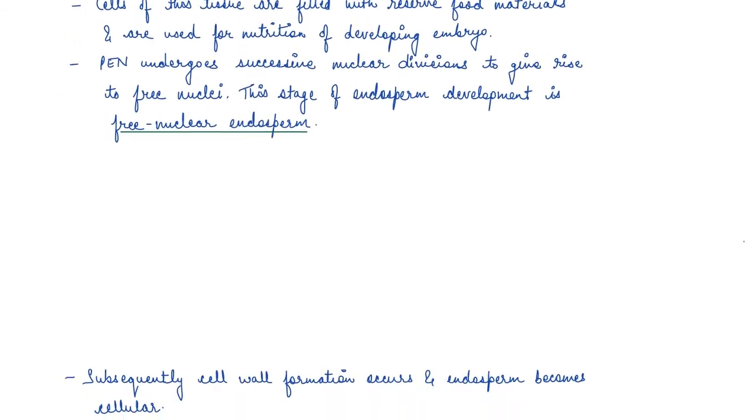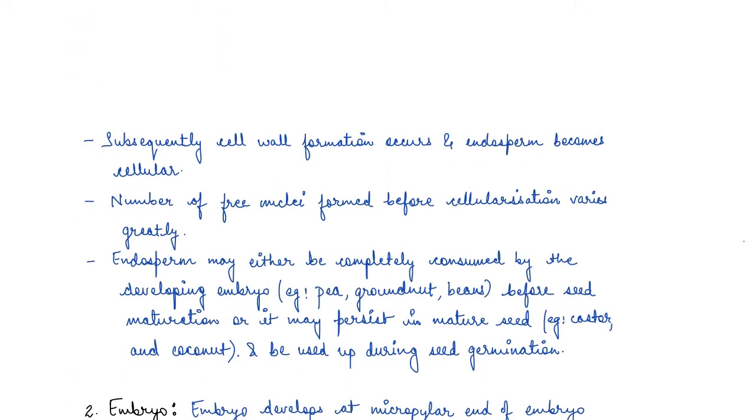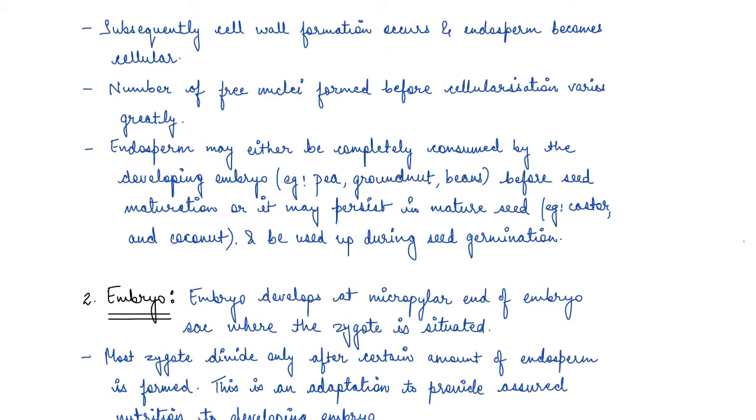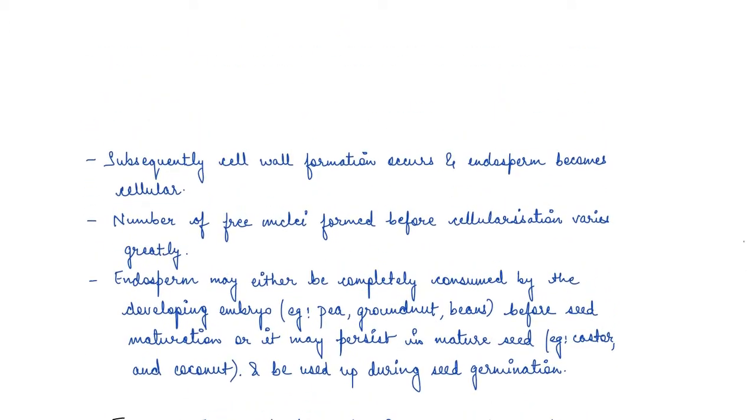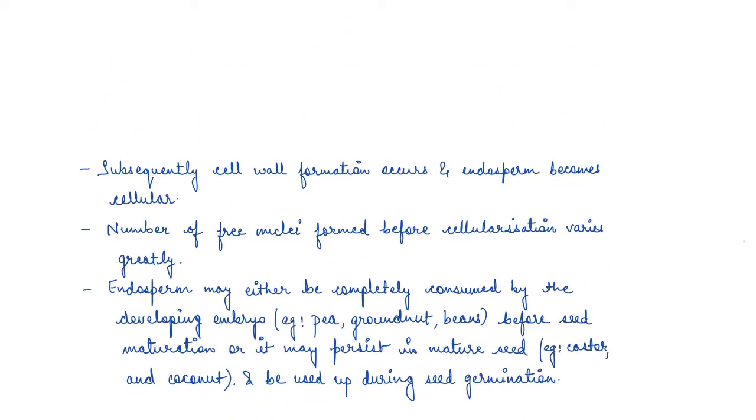So endosperm can be completely consumed by the developing embryo, and sometimes it is not completely consumed by the embryo, as in the case of coconut or castor. Okay, so it persists till the seed matures, and it is later used during seed germination. This is all about development of endosperm.